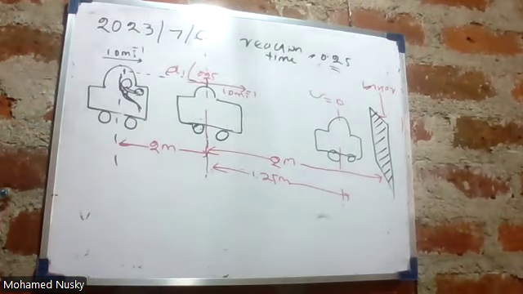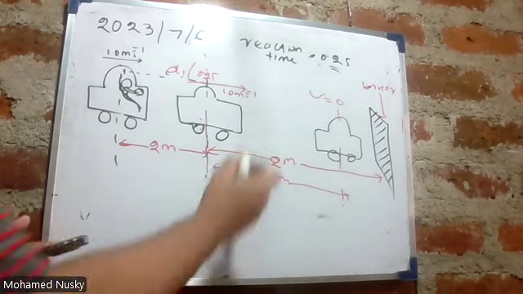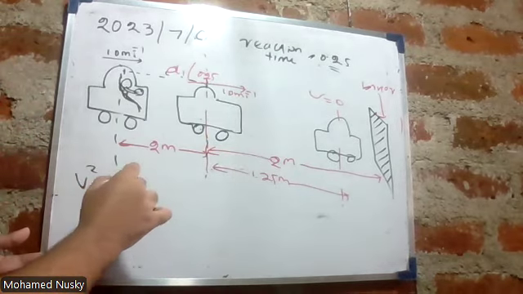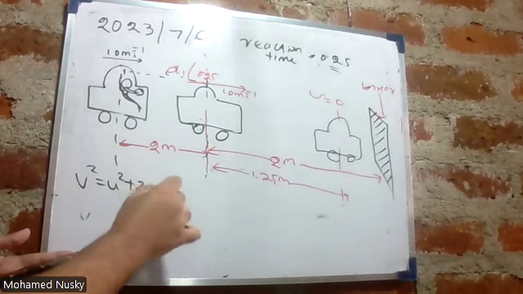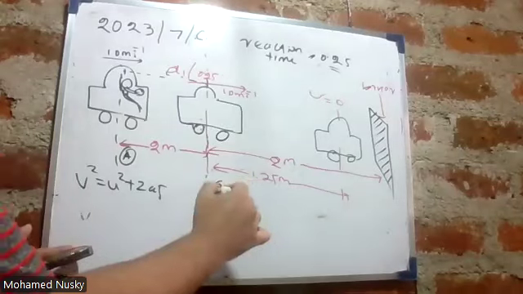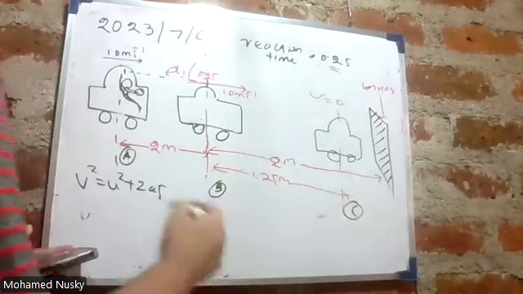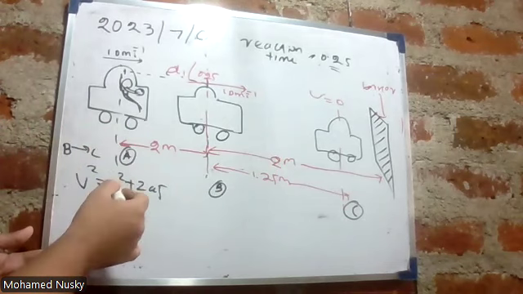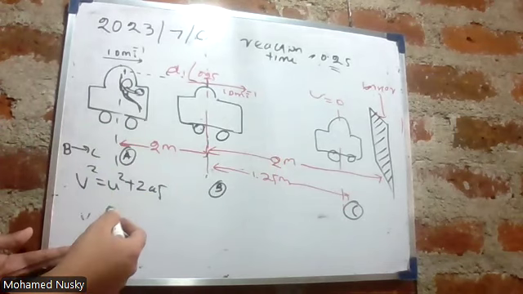So what's the equation I can apply to find the acceleration? You can see time is not given. Therefore, v squared is equal to u squared plus 2as. Let us take A, this is B, and this is C. From B to C, I am applying v squared is equal to u squared plus 2as.